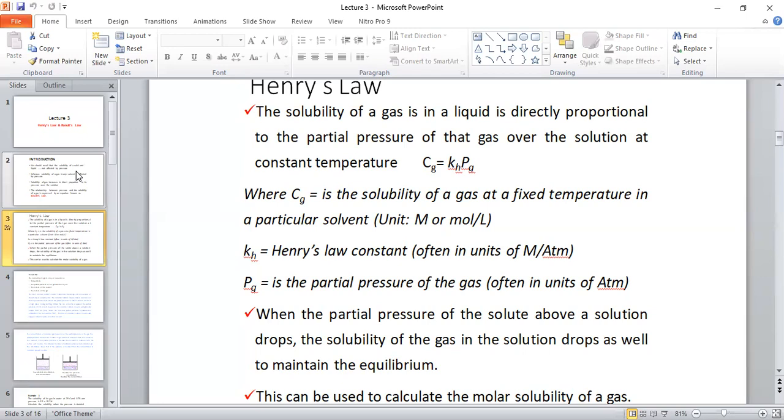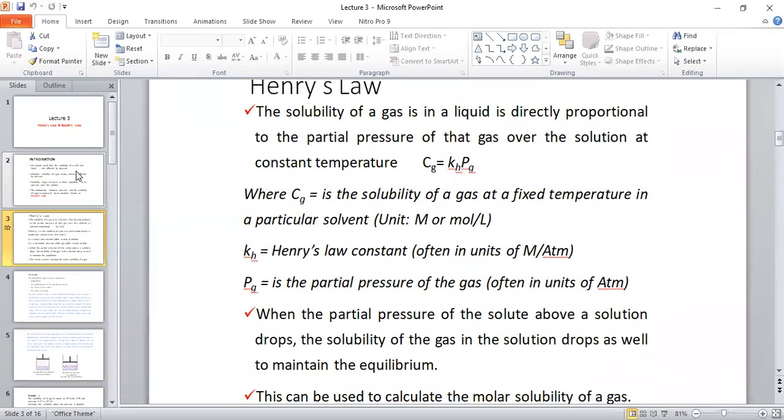So temperature remains constant, you don't change the temperature. At a particular temperature, the solubility is directly proportional to the partial pressure. You can see the equation here: Cg, the solubility of a gas, is directly proportional to the partial pressure.